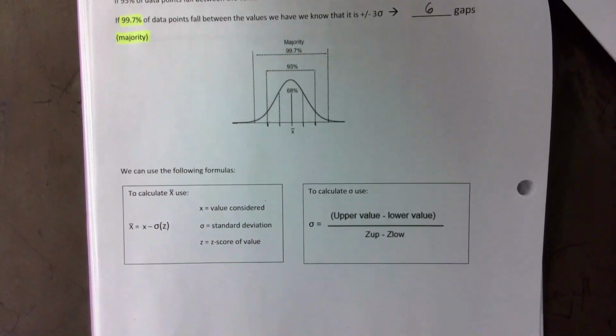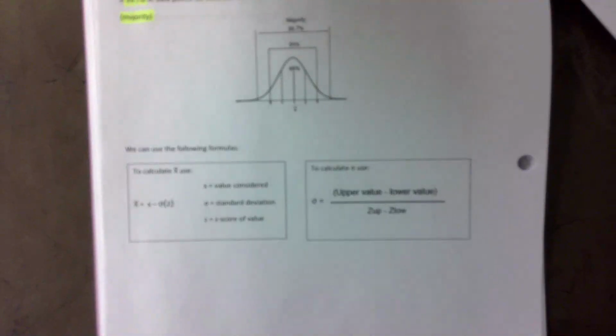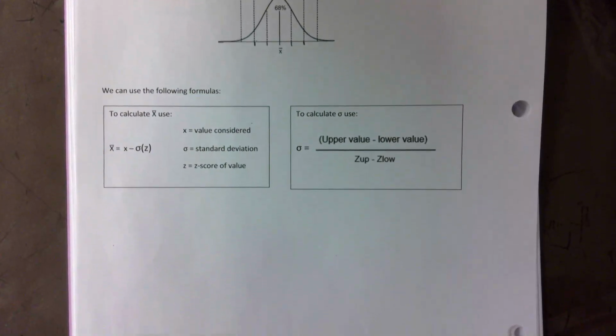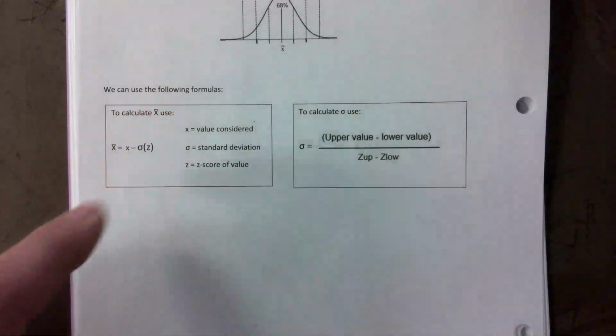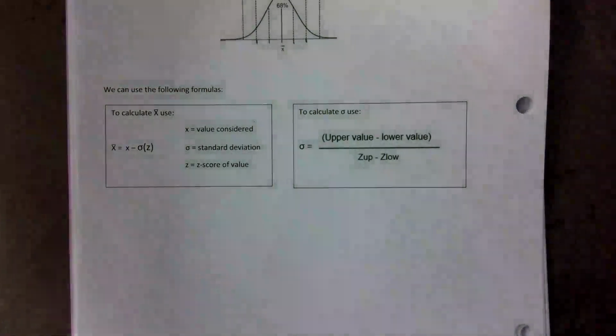So, here are the formulas that you need to add if this ever comes up. We can use the following formulas. I'm going to highlight them. I had it figured out here, sorry. There it is.